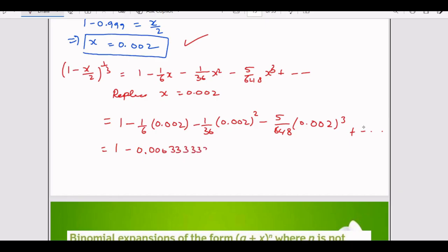Be exact, okay, because we are looking for 6 decimal places. You have to be very careful doing these calculations, yeah.